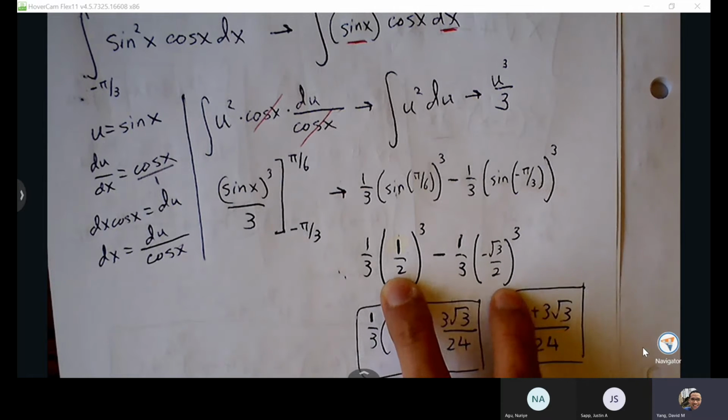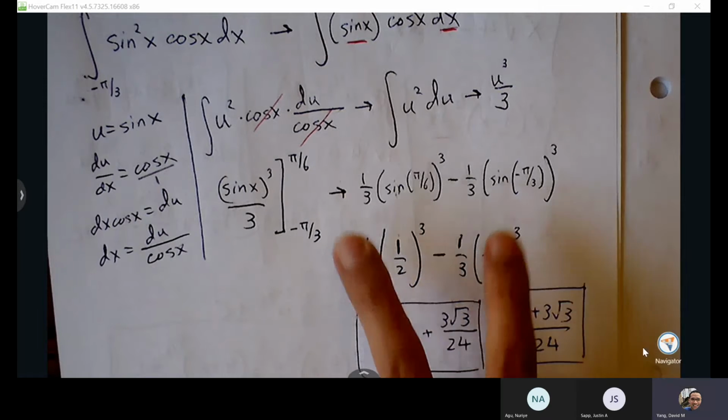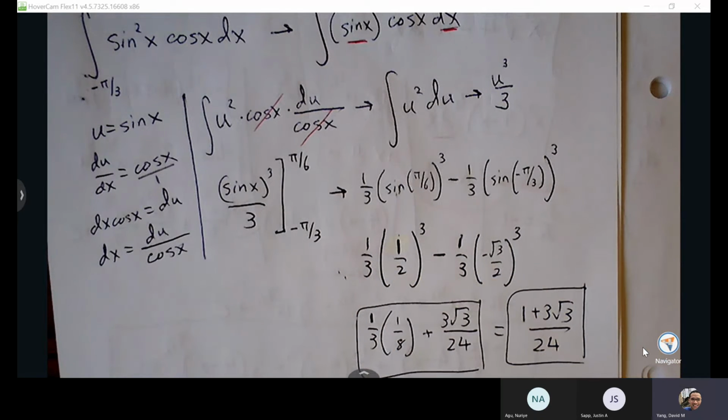That's fine. If you get to this point, I will give you credit too. But you have to get past this point to this point. I got 1/24 minus 1/3 times -3. Okay, that's fine.